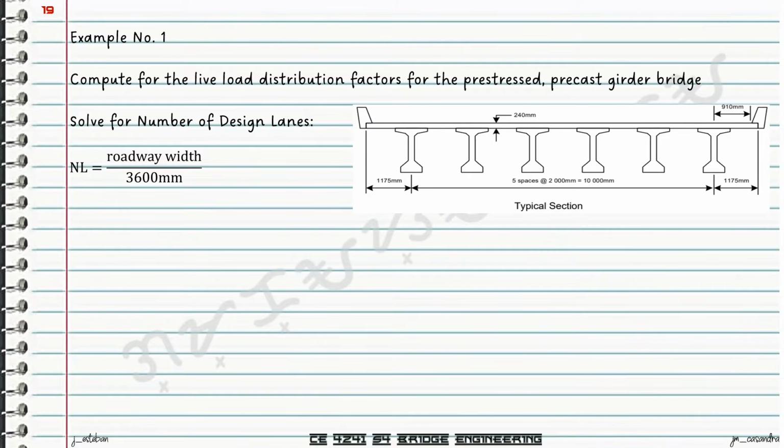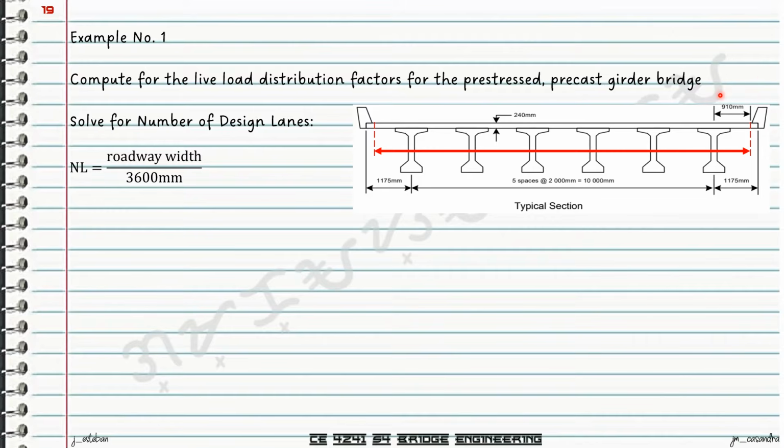The roadway width will simply be the distance from the edge of the barrier or parapet to the end of the other side of our parapets. We are given that the distance between the center line of the exterior girder to the edge of the parapet is 910 millimeters.